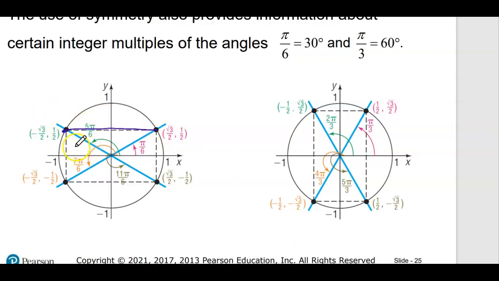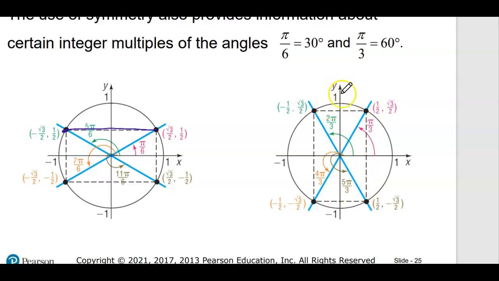Okay, so in the second quadrant, x is negative. In the third quadrant, both are negative. And in the fourth quadrant, y is negative. Okay, so you can see all of these are the same basic value, but some have, instead of being positive, they're negative. All right, so at pi thirds, same thing. We have this idea of symmetry and reflection going on.